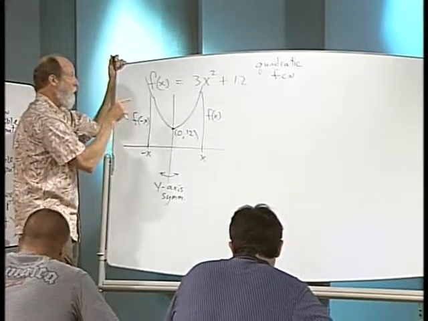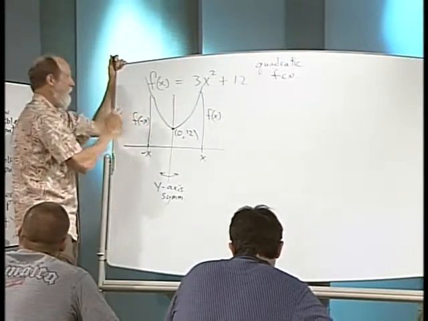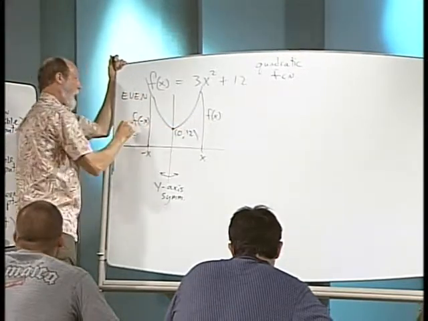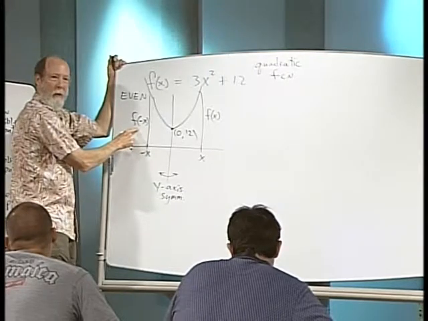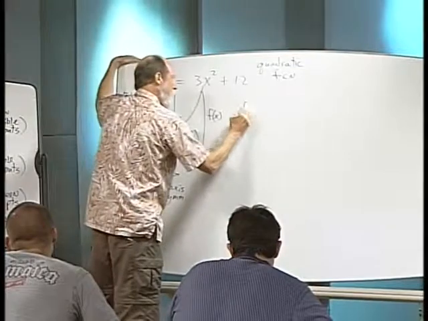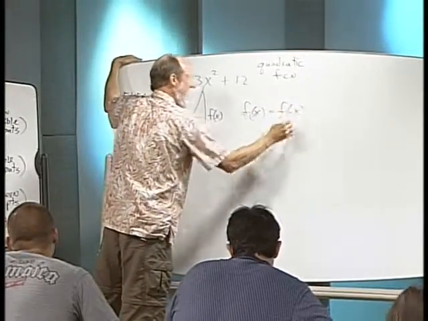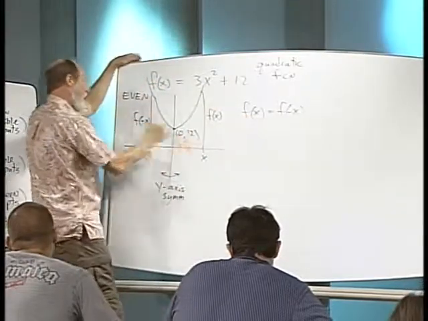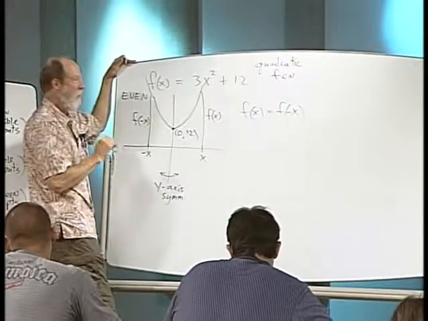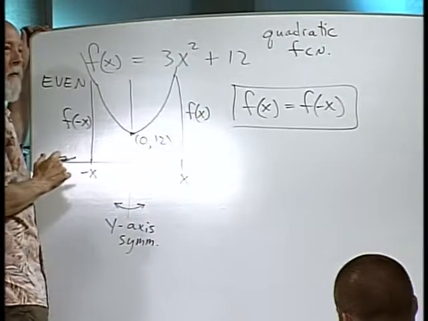If this function and graph are even, then shouldn't this height match that height everywhere, no matter what x you picked? Yeah. So here's the algebra that you check to see if you have an even function. F of x, that height has to equal that height for the function to be even. So this is what you do to see if you have an even function.